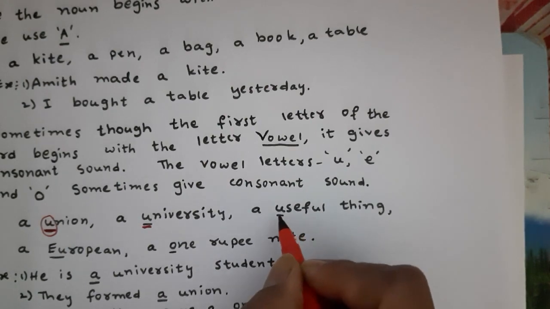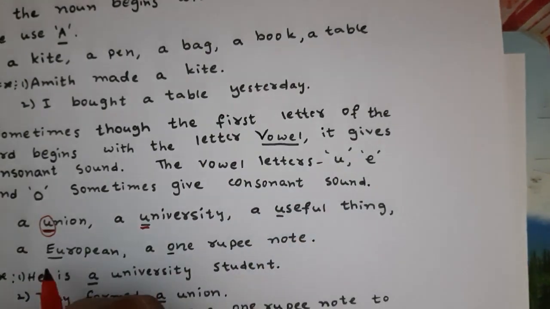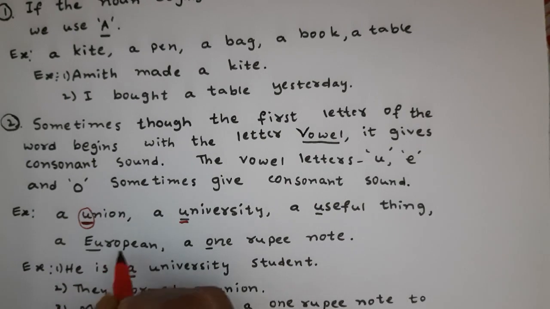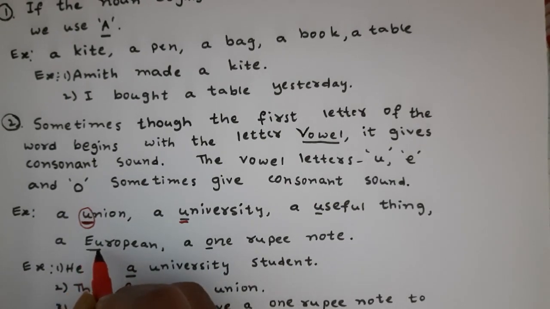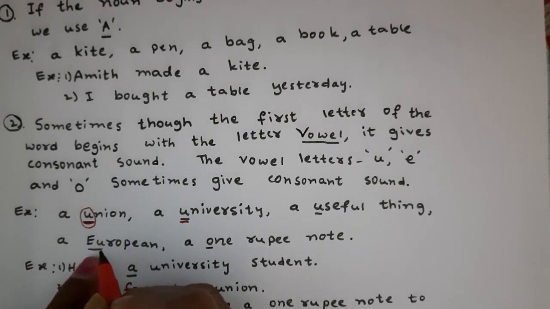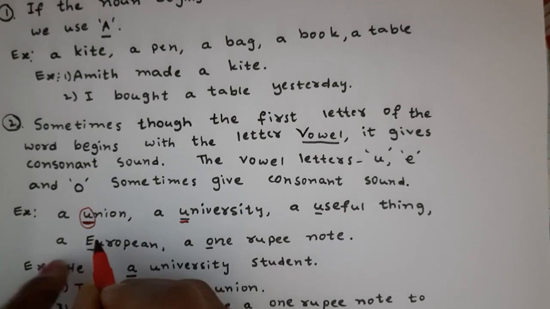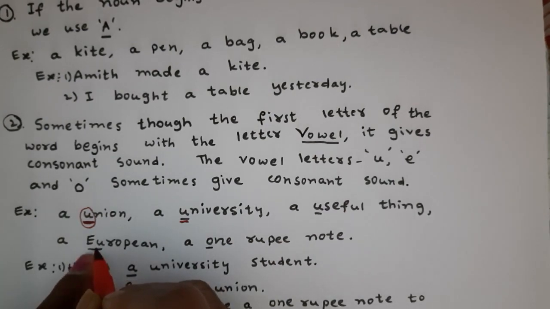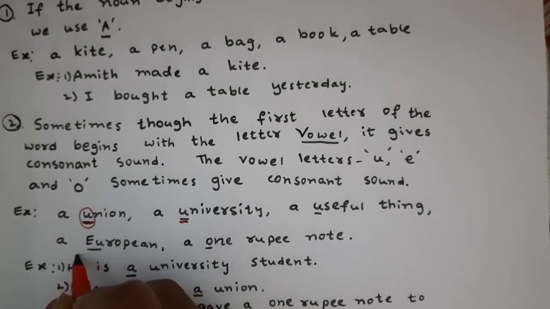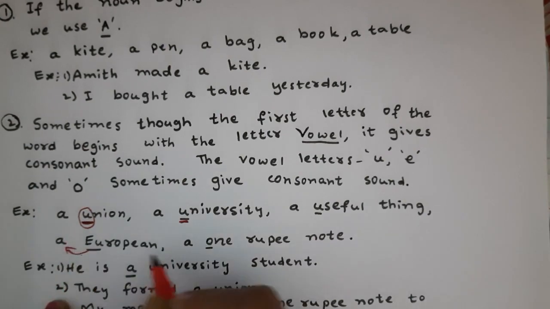Useful, ya. That's why we have to use a. And here you observe. Actually, in this word, E and U both are vowels, but both are giving a ya sound, European. U means ya, ya means Y. That's why we have to use a before that.